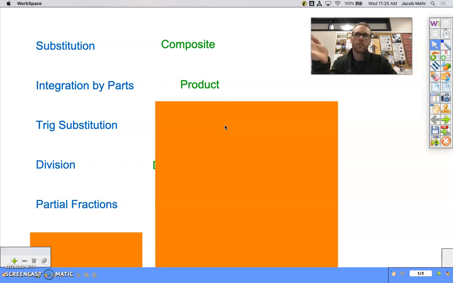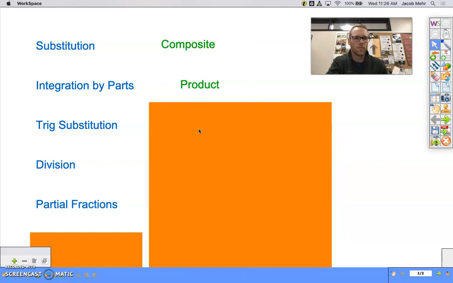Now, sometimes we use substitution with products, but when we use substitution with products, like I said, we hope when we change the variables, things cancel out and we no longer have a product. Integration by parts is something that we can use when substitution doesn't work to cancel anything out in a product. We'll talk a little bit more about integration by parts, but we kind of look for a product there.